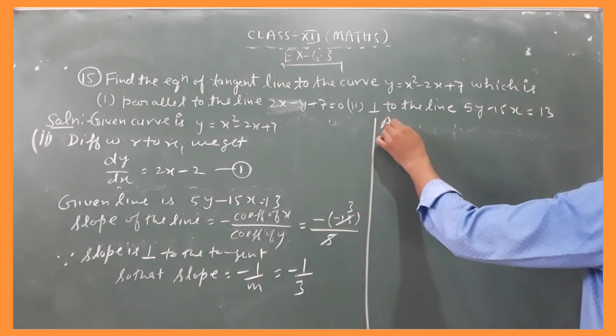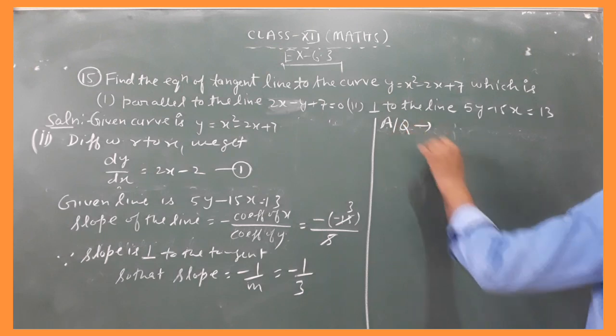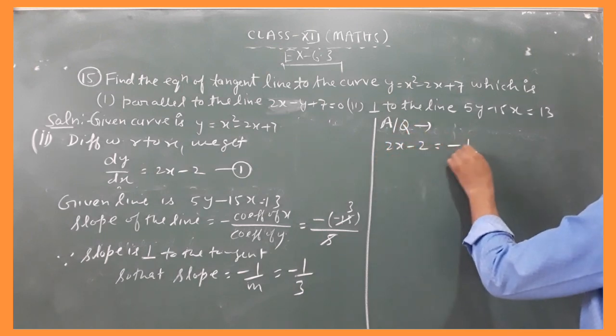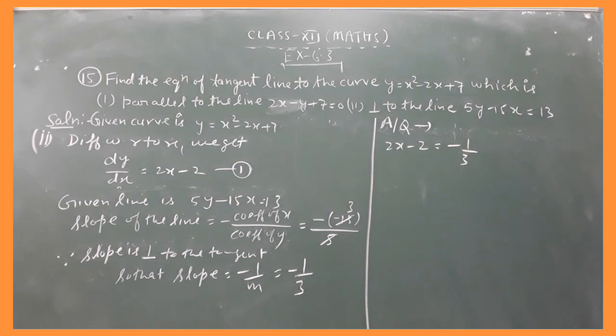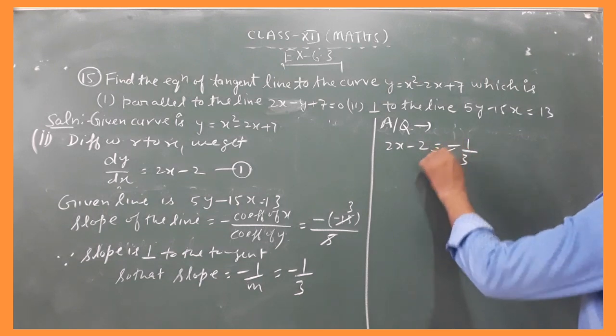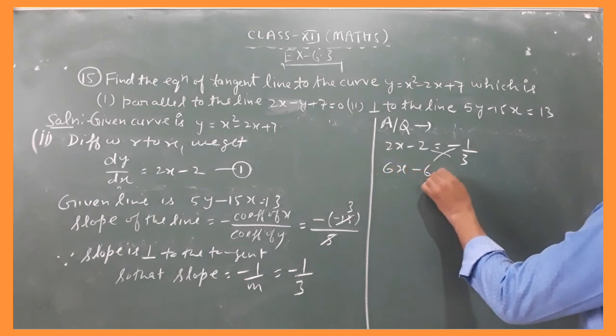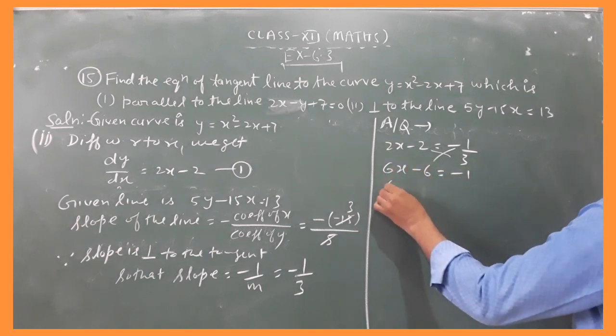According to the condition, according to the question, 2x minus 2 is equal to minus 1 by 3. Cross multiplied them. 3 2 is 6x, minus 6 is equal to minus 1.